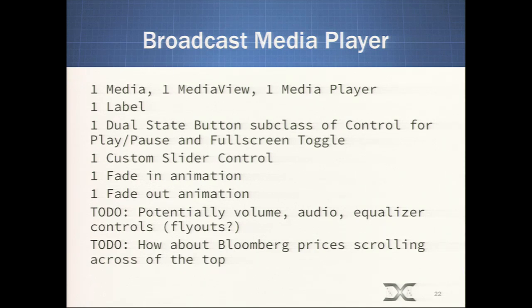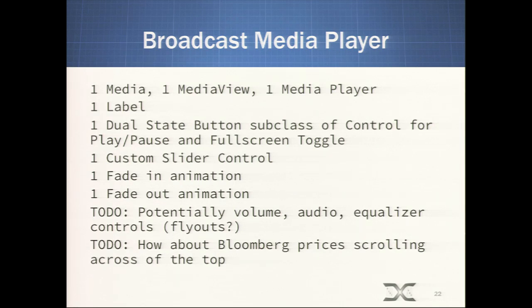You can have endless arguments. Should there be a stop button? If it's just pausing, what do I do? What kind of slide control? Do you want a dual slider or single slider? And how should things fade in and out?